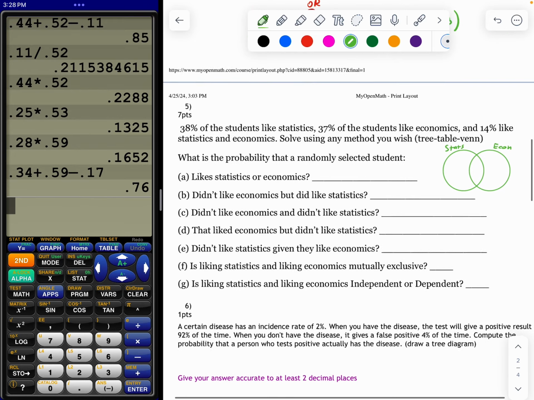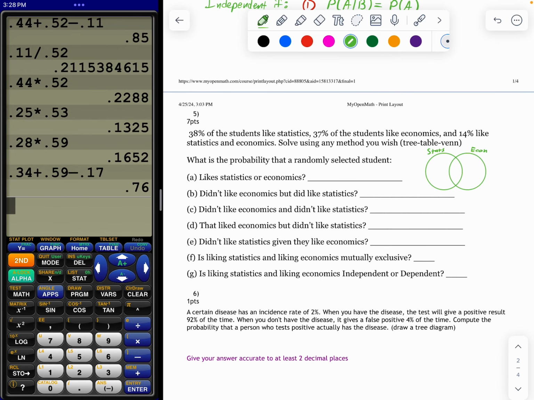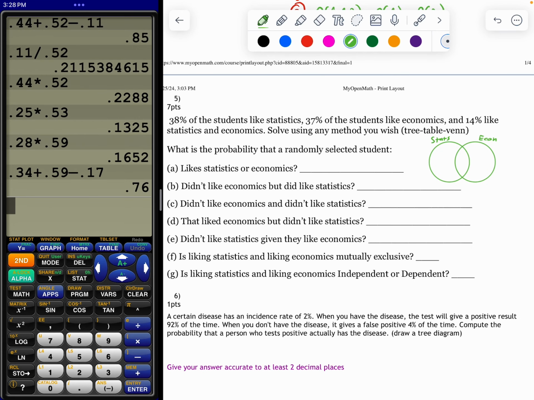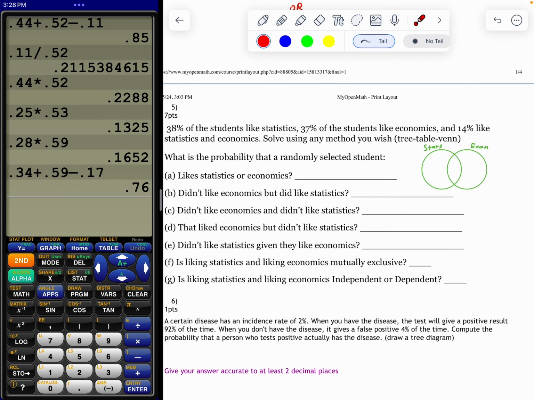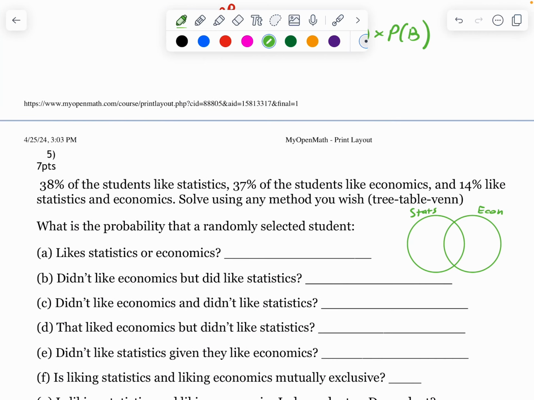Number 5. This one is about, I think there's various contexts. Mine is about kids that like stats and kids that like econ. 38% like stats, 37% like econ, and 14% like both. So in my diagram, for me, my 14% is the middle. Let's see, where can I make this a little bit larger?